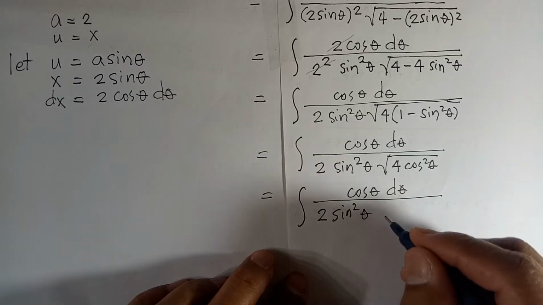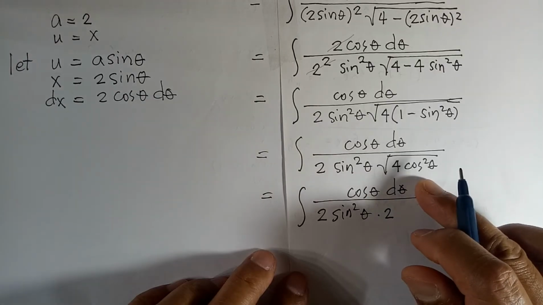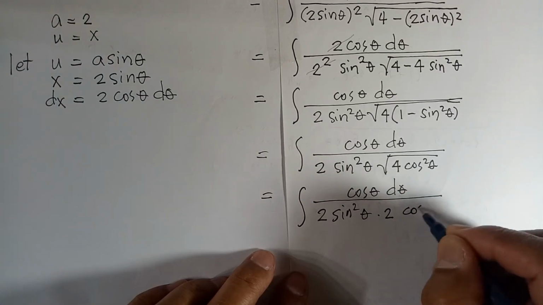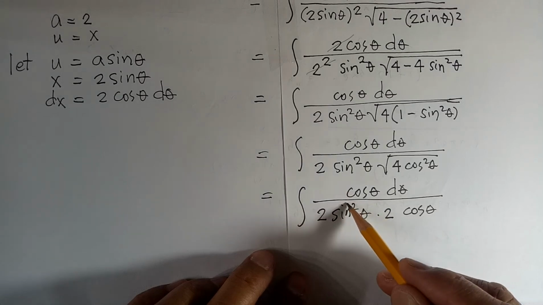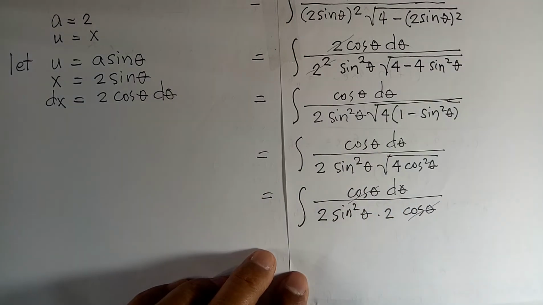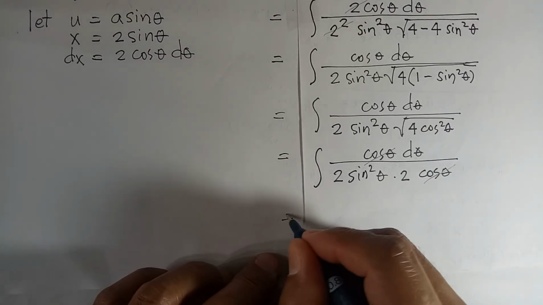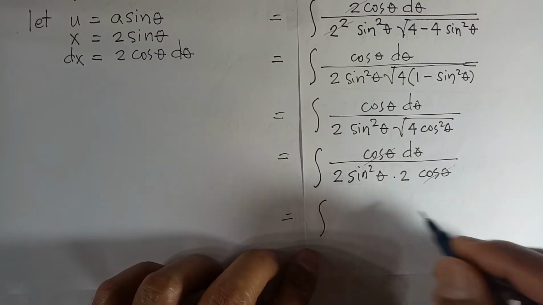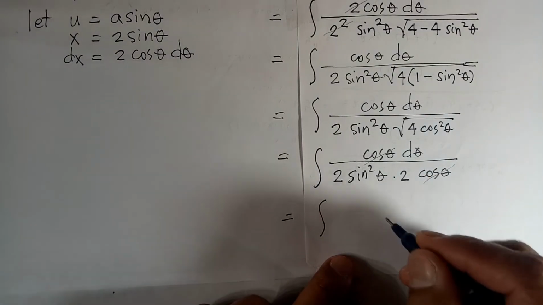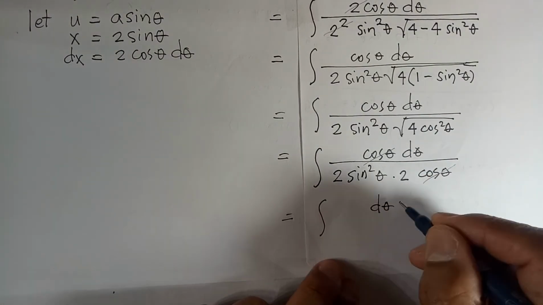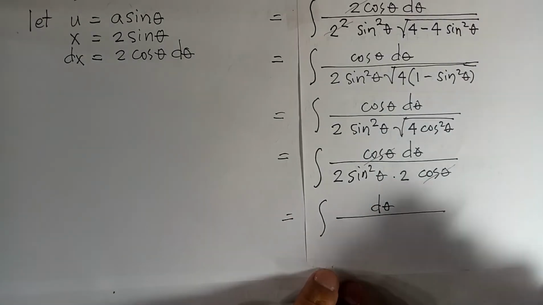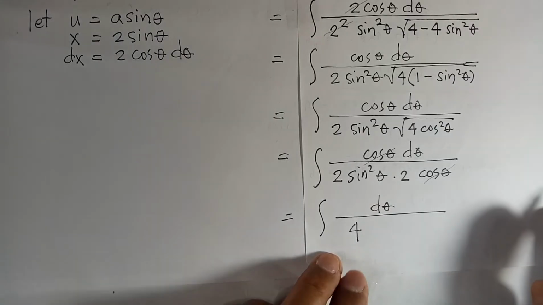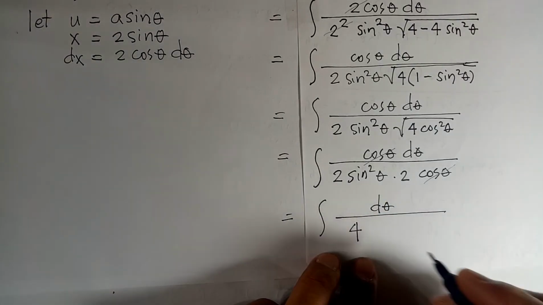Square root ng 4 ay 2, at square root ng cosine squared ay cosine of theta. So, dito, cancel ngayon ang cosine theta. So, ang natira sa numerator ay d theta, divided by 2 times 2 equals 4, and then sine squared of theta.